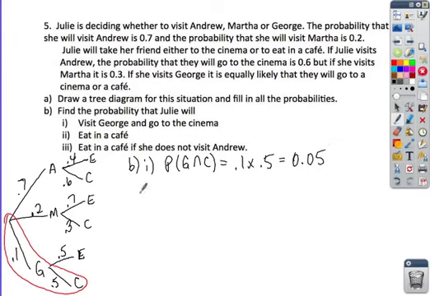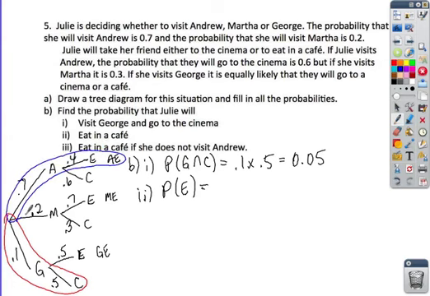In part 2, we're looking for the probability of eating. So now we want all the branches that end in eating. So we want Andrew and eating, Martha and eating, and George and eating. And like I said, we'll multiply along the branches to get those probabilities, but then we'll add those to combine them. And so again, we'll follow those branches, like so.